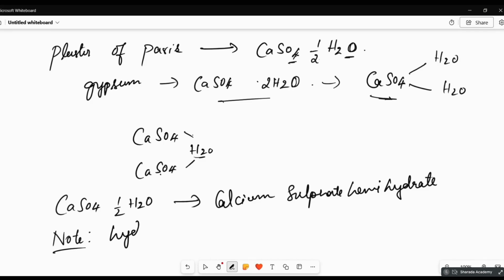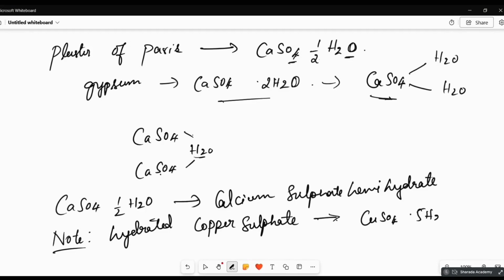Hydrated copper sulfate, CuSO4 5H2O. It is blue in color, actually.